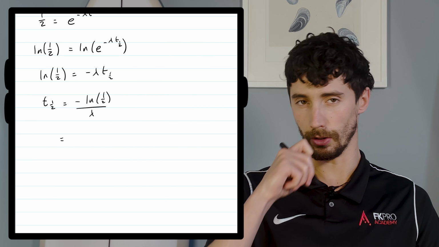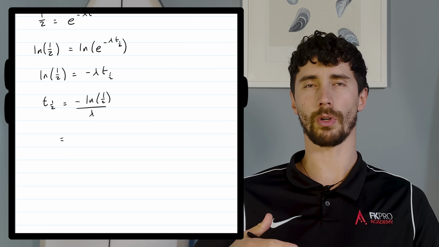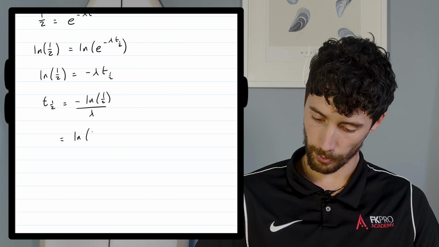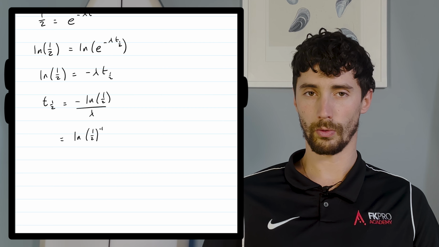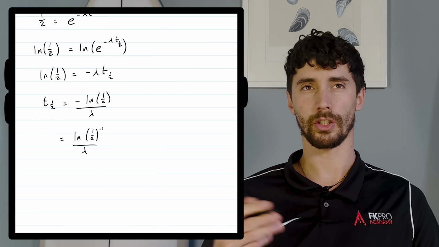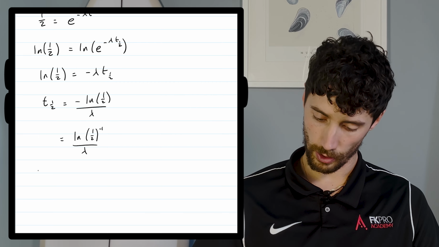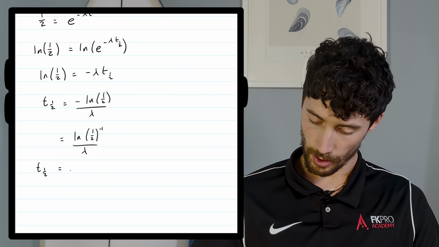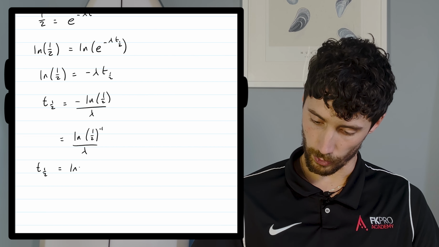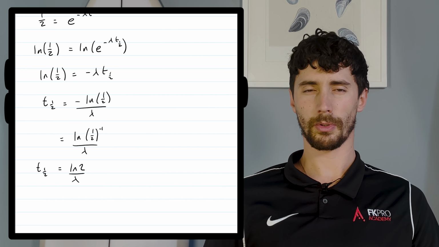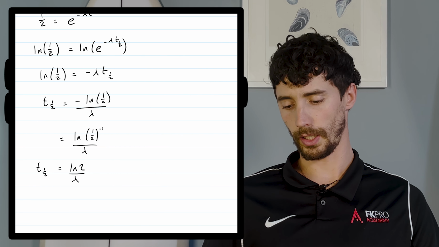The minus ln is like saying minus 1 times ln half, and I can bring that up to a half to the power of minus 1. Half to the power of minus 1 is just 1 over a half, which is 2. So my equation for my half-life becomes ln 2 over lambda.